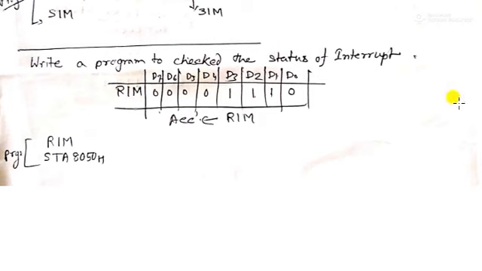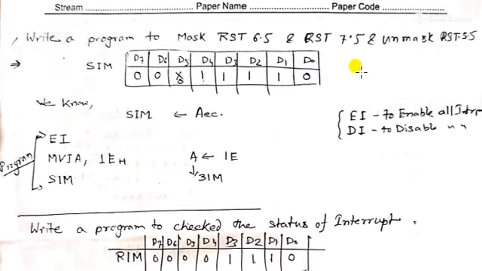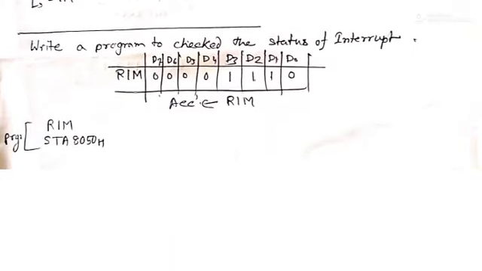That means previously the programmer made some interrupts masked or unmasked according to their application, and after that the user needs to know which interrupts are in a working condition, which interrupt is masked, which interrupt is not masked, which interrupt is in pending condition.